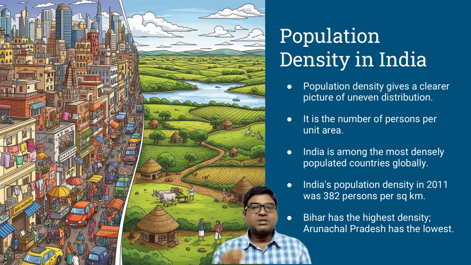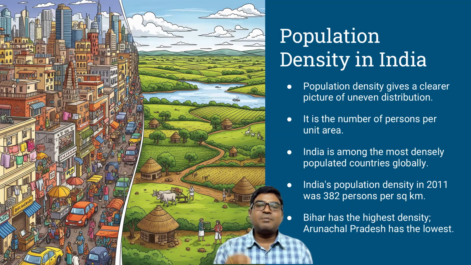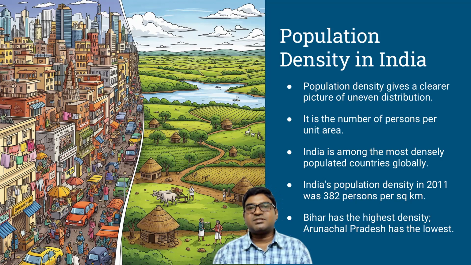So India is among the most densely populated countries globally. As per the 2011 census, the population density of India is 382 per square kilometer. And which state has the highest density and which states have the lowest density? In our country, it is Bihar which has the highest density, while Arunachal Pradesh has the lowest density.